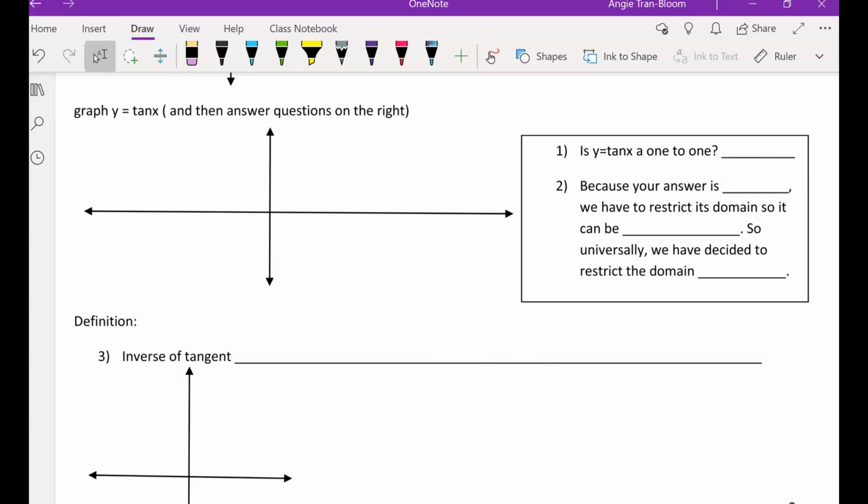Make sure you guys have asymptotes, guys. That means those dashed dotted lines. Make sure your asymptotes are on the graph of tangent. Label your tick marks, please.